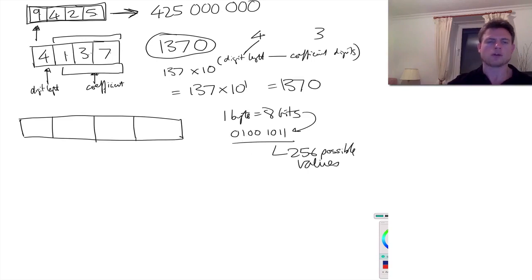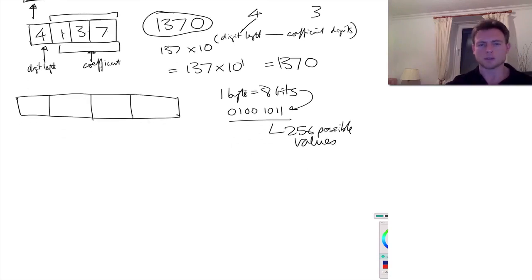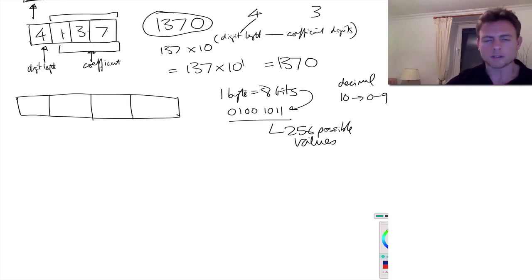Whereas in decimal, there are 10 possible values, the digits 0 to 9. In 1 byte, all the different combinations of ones and zeros in 8 bits give 256 possible values.